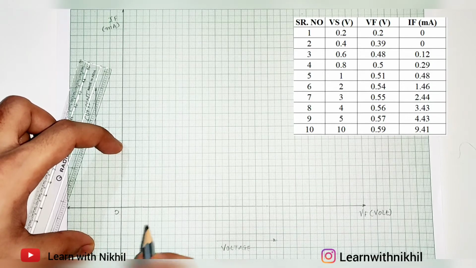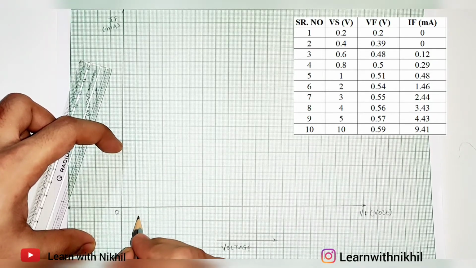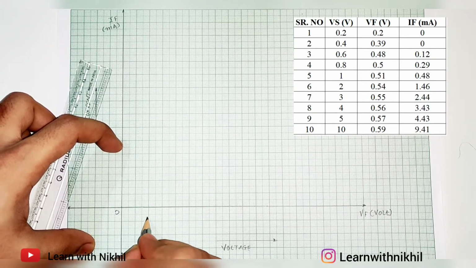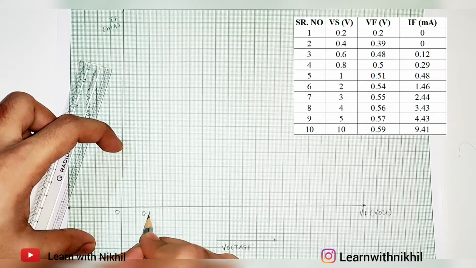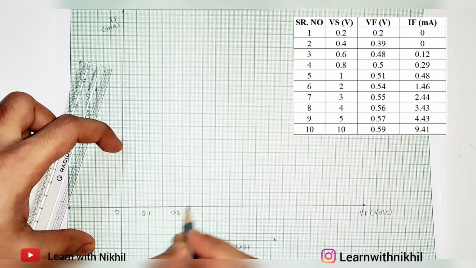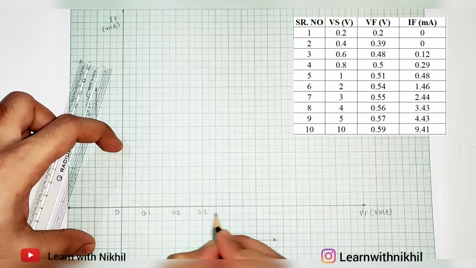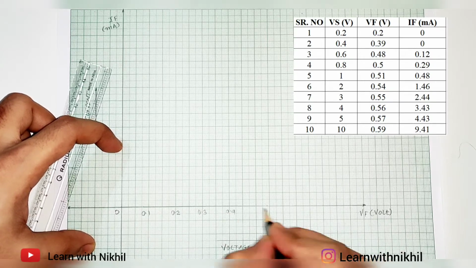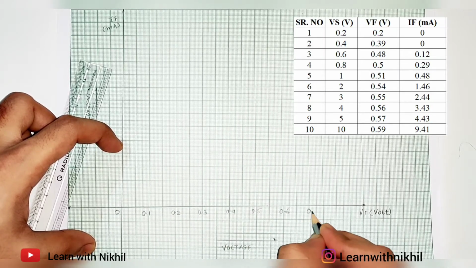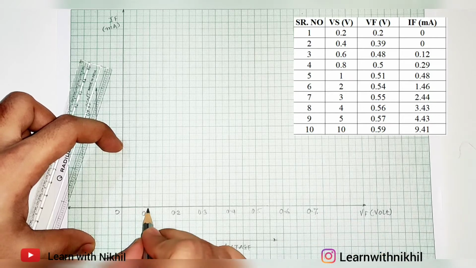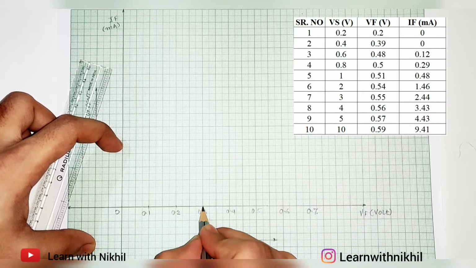I will start marking the voltage points. For Vf, we'll mark around 2 centimeters: 0.1, 0.2. So on x-axis, 2 centimeters is equal to 0.1 volts. So we'll mark from 0.1 to 0.7.